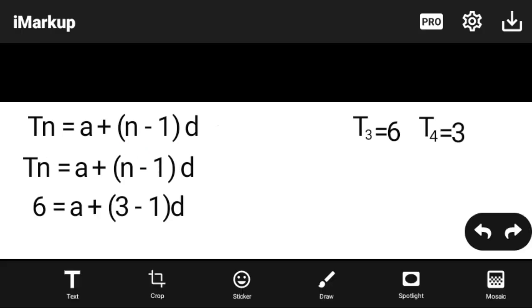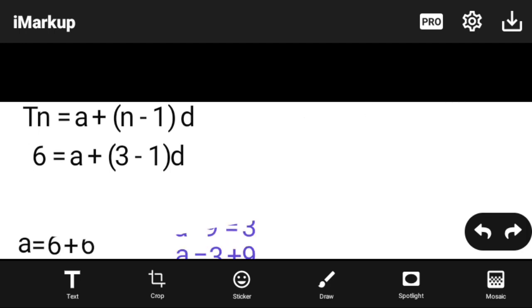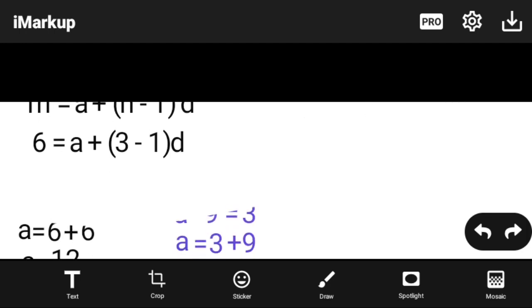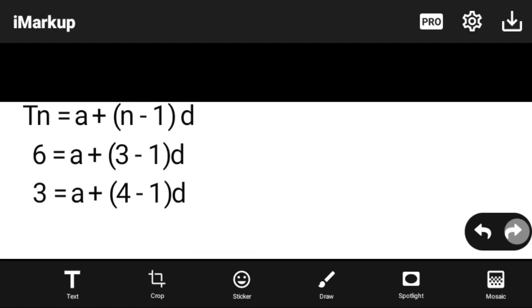So now equally you do the same to that next equation. The next equation again, they said the fourth term, so we are going to say 3 is equal to a plus open bracket 4 minus 1, then common difference. So that is that. Okay, so from there now, what next?